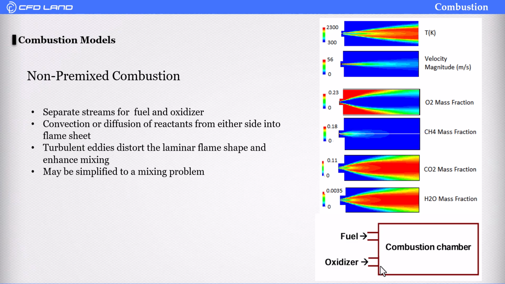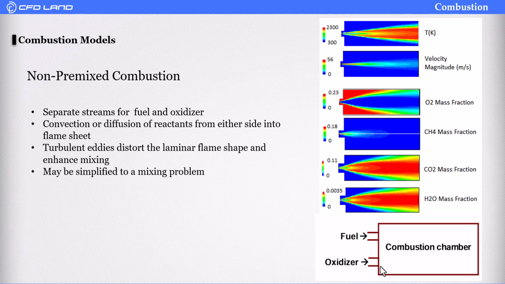Under certain assumptions, thermochemistry can be reduced to a single parameter, the mixture fraction. The mixture fraction is the local mass fraction of burnt and unburnt fuel stream elements in all the species. Atomic elements are conserved, so mixture fraction is a conserved scalar quantity.